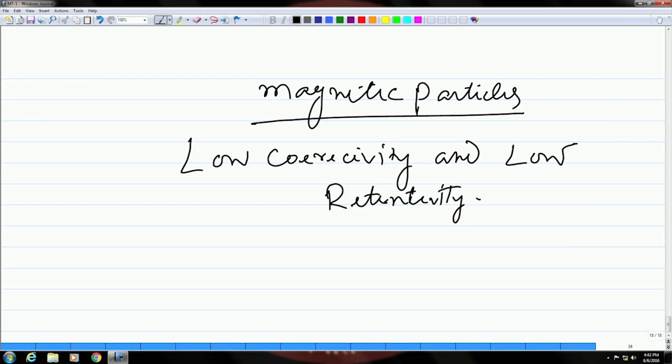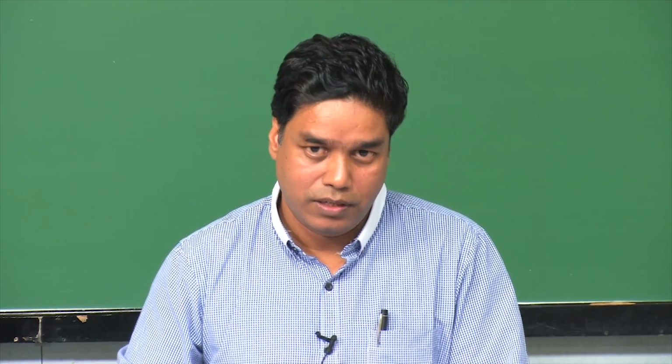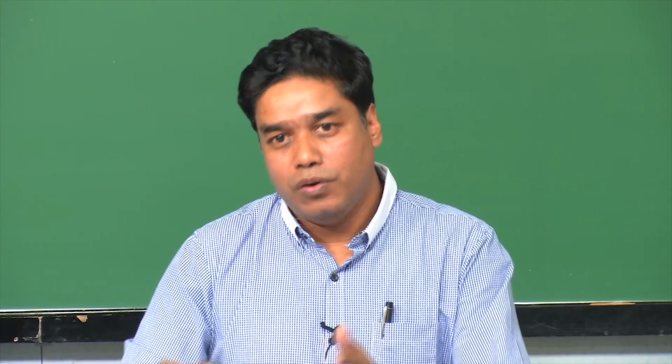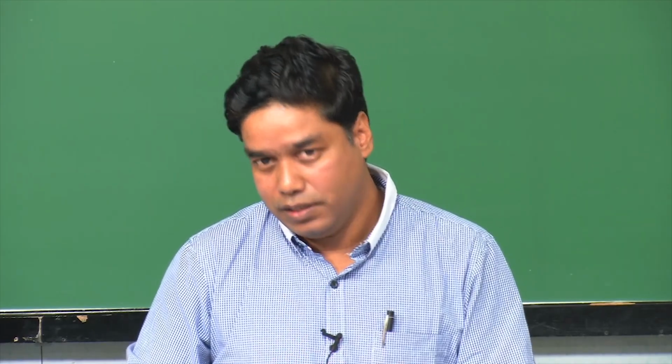So, this is why they should have low retentivity, so that they will be magnetized, but at the same time they would still be mobile on the surface, and they should be uniformly distributed over the surface. And only when there is a discontinuity or crack, they will go and accumulate around the discontinuities and make visible indications.